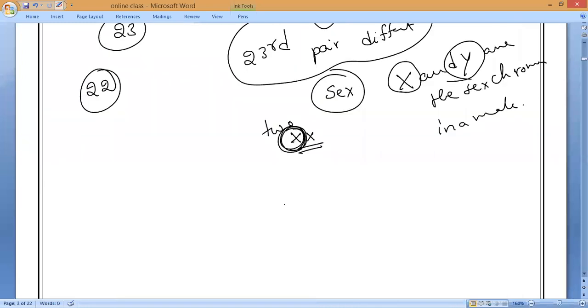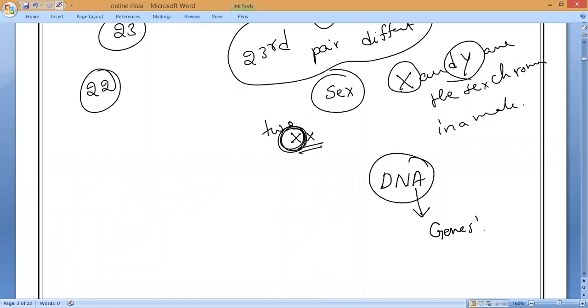Now, as I told you, these chromosomes are present in the nucleus of a cell, formed of DNA, and they carry something. What do they carry, guys? They carry the genes.